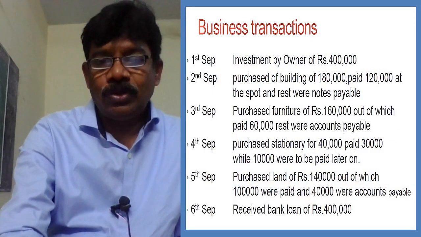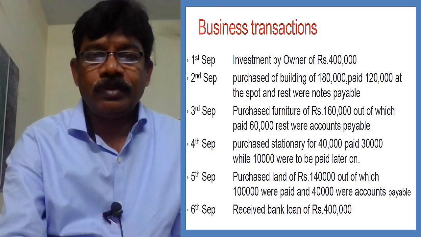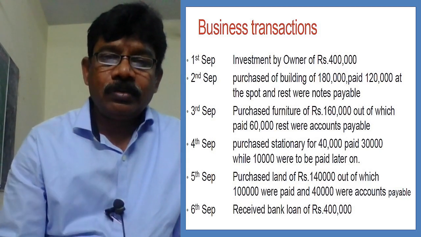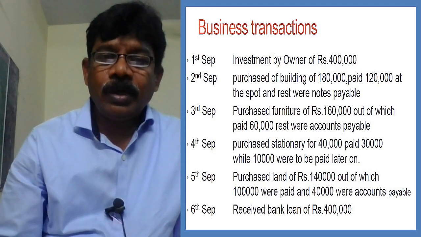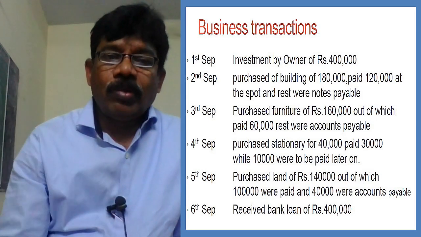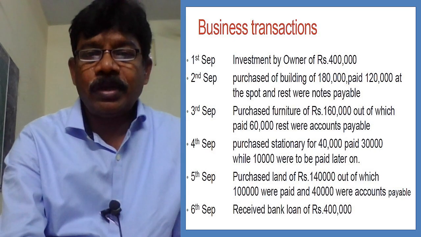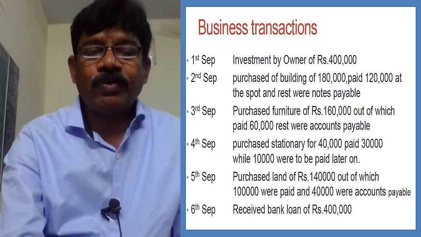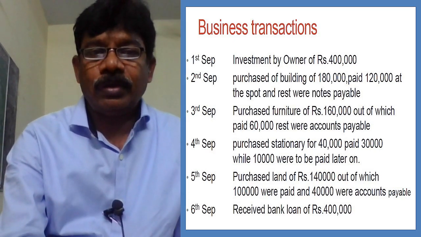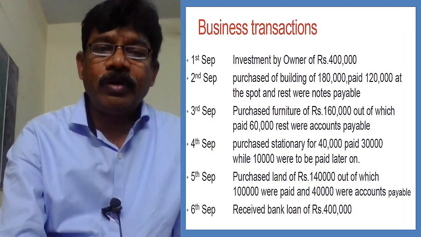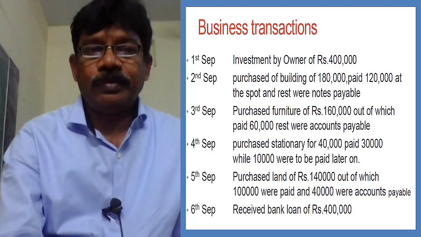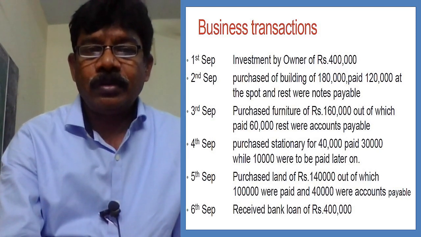Later, note down this problem. This problem I will explain live. With each transaction, I will show how it affects the accounting equation. Please note down the problem and wait for the next video. Okay, students. Bye.